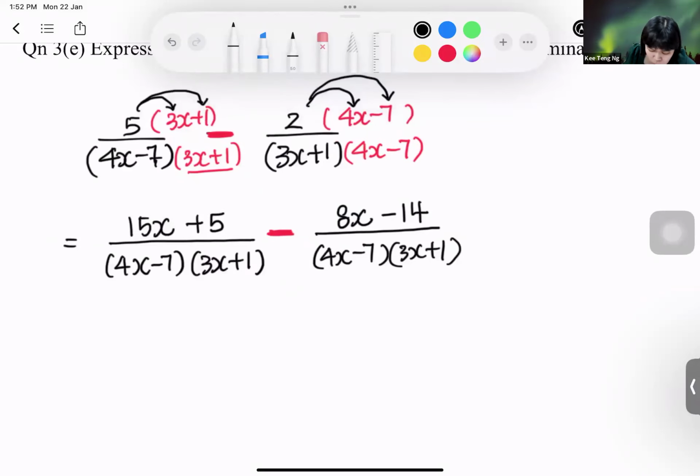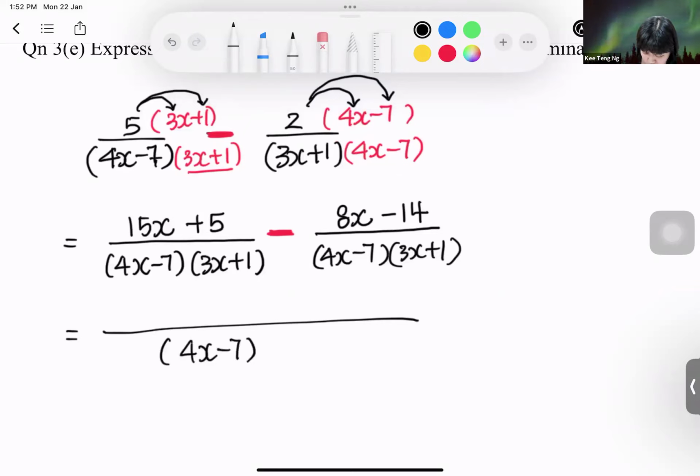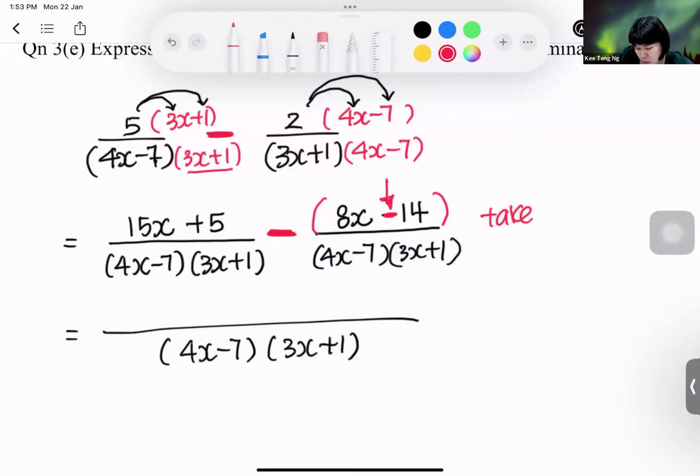But next, I'm going to combine the two fractions into one single fraction with the denominator. What do I need to take note of? This is the subtraction, so I need to subtract the whole of this. I need to take note of the sign.